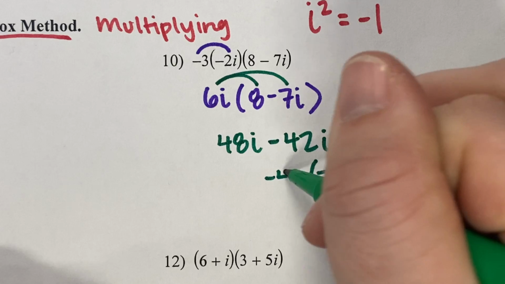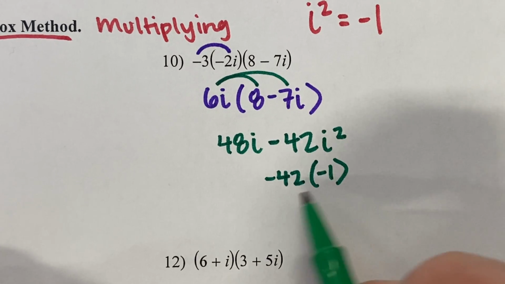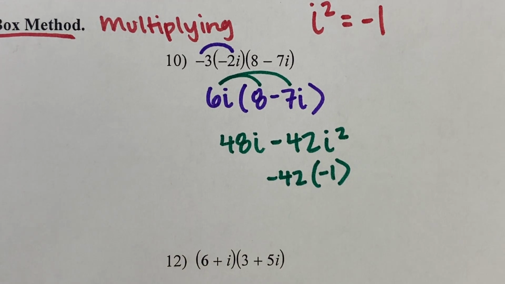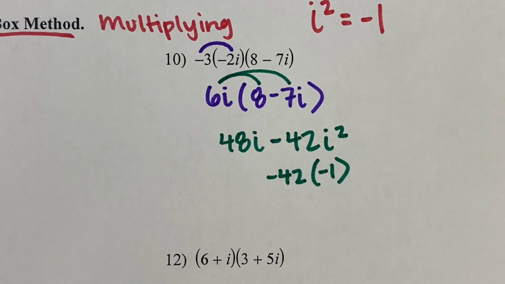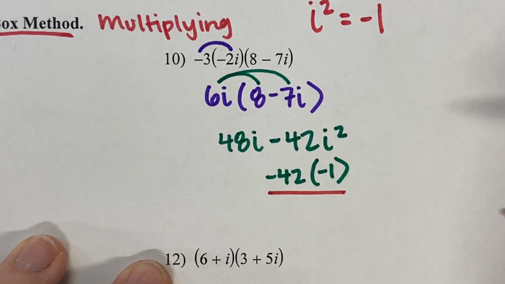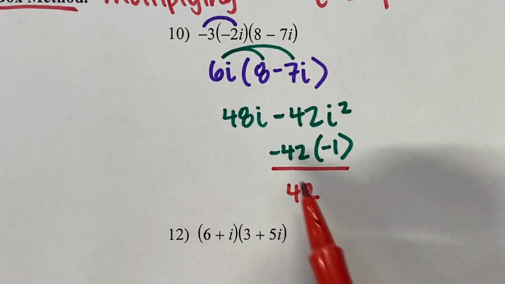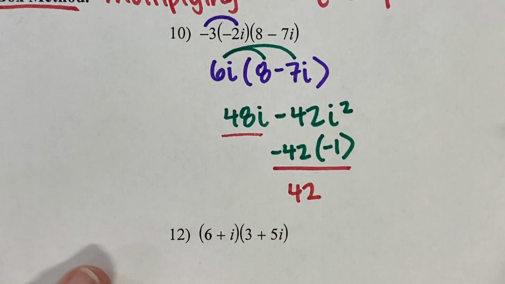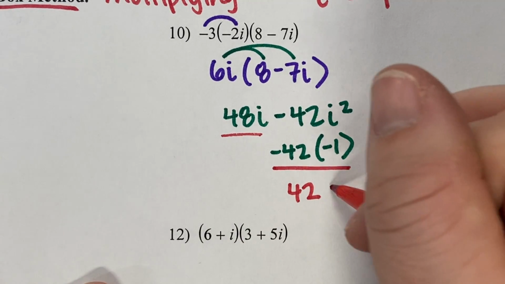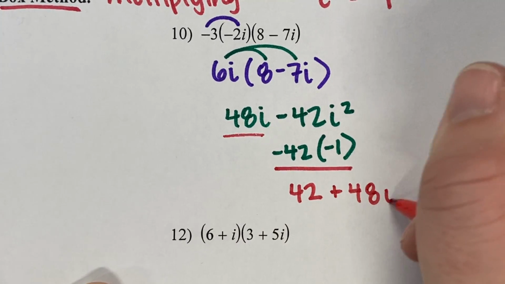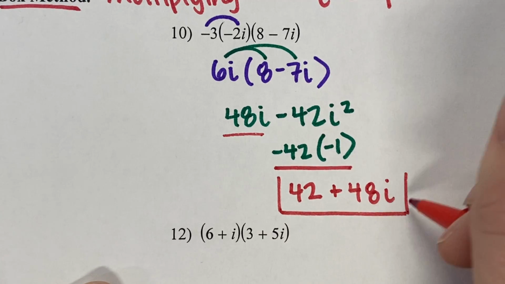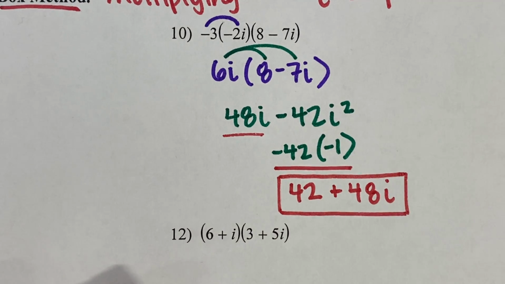So now we have negative 42 times negative 1, which is going to give me positive 42. And then we always want our term with the i to come next. It's positive 48i, so plus 48i. And there's our final answer. Okay, beautiful.